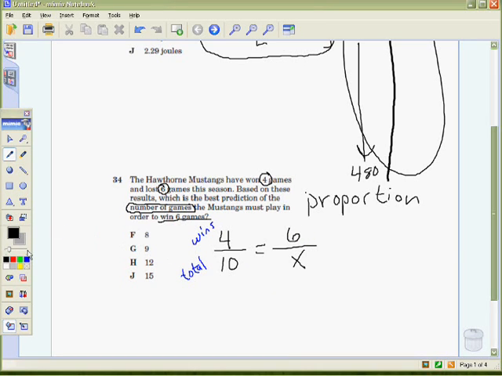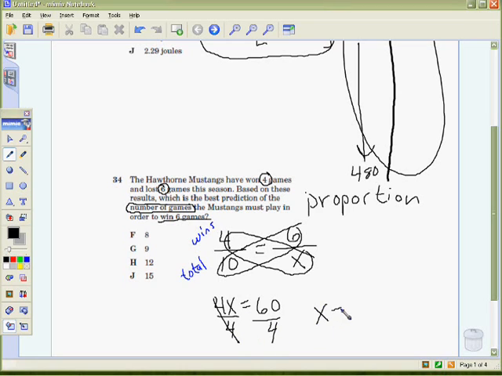And as solving a normal proportion, we cross multiply. We get 4 times x is equal to 6 times 10, which is 60. Divide by 4 to solve for x, and we get that x is equal to 15.